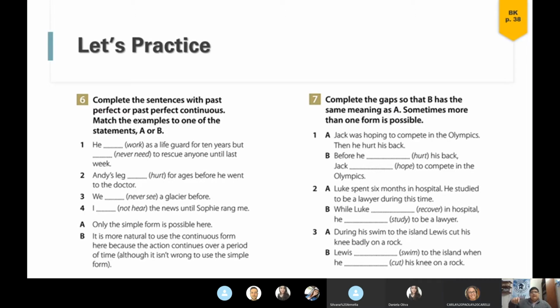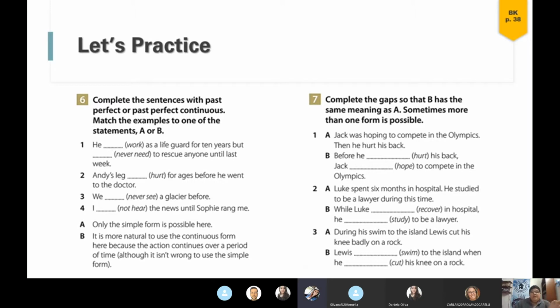Until last week. Okay, so he had been working, yes, as a lifeguard for 10 years, but had never needed, okay, to rescue anyone until last week.